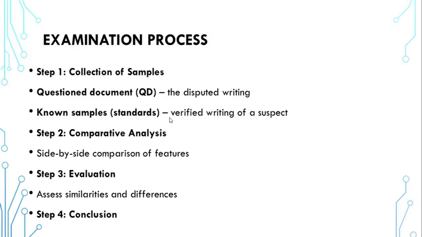Or perhaps it's a religious person. If that person is still alive and you don't want to use the requested method, you can use the archive, the collected method. What we need to do is go to his file in his office, get some letter or form that he has filled out with his hand, or perhaps, if he is a religious person, where he has signed into a religious home.